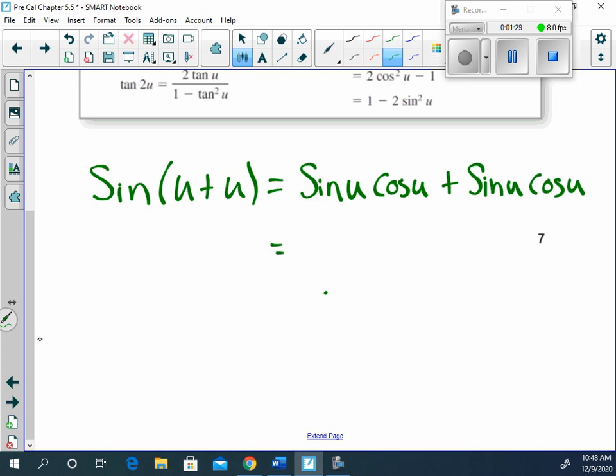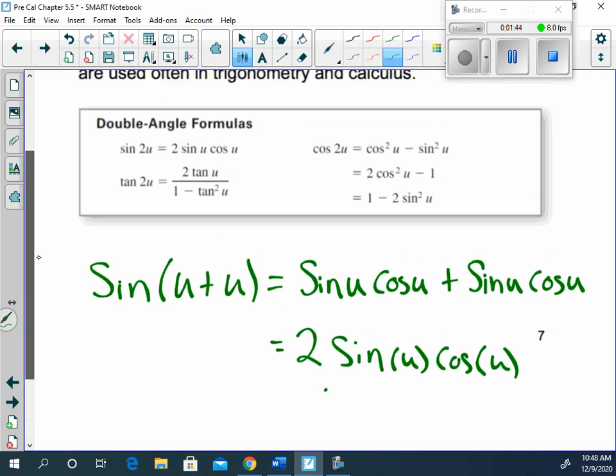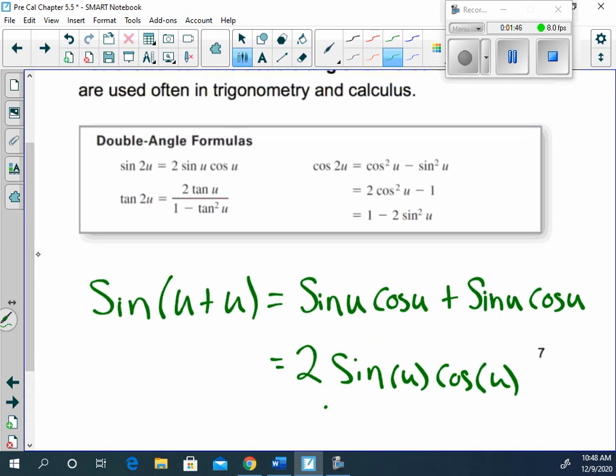Wait a minute, these are the exact same thing, aren't they? So this is really the same as 2 sine of u cosine of u. Well, that is our formula, isn't it? Sine of 2u, u plus u is the same thing here. We use that sum formula to get this multiple angle formula.